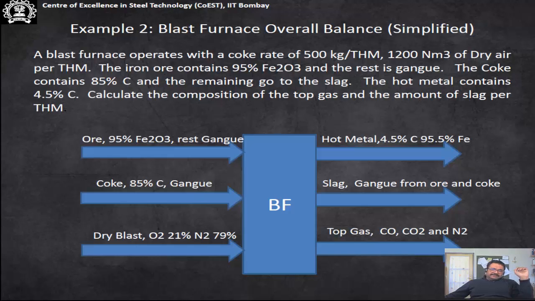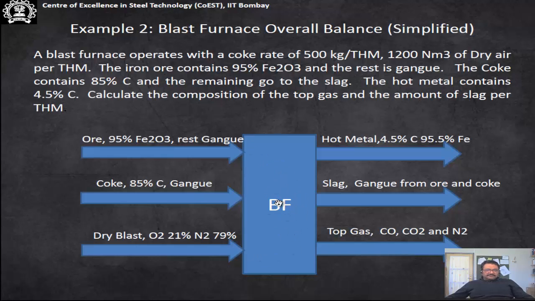So we are supposed to calculate the composition of the top gas which is coming from the top of the blast furnace and the amount of slag per ton of hot metal using material balance, assuming the whole process is under steady state operating condition. So if you look at this, the input as well as the output is represented in the form of a box.